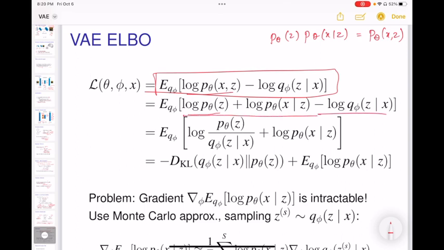Then this is the same as above. We rearrange all the terms, and the ELBO breaks down into two distinct terms that we can optimize.